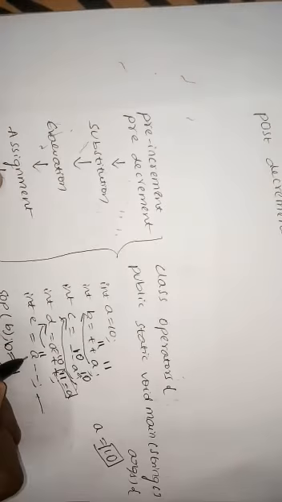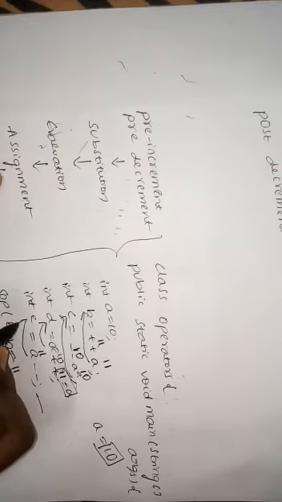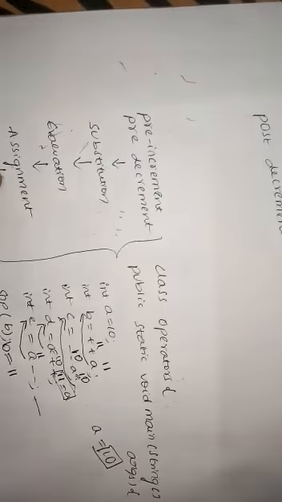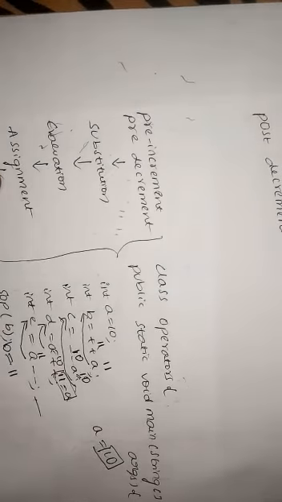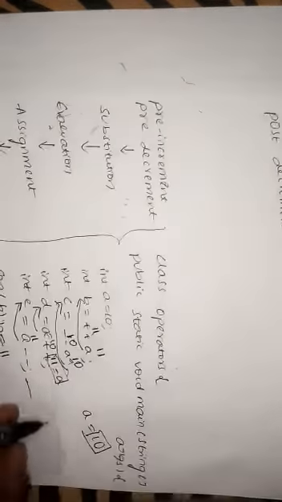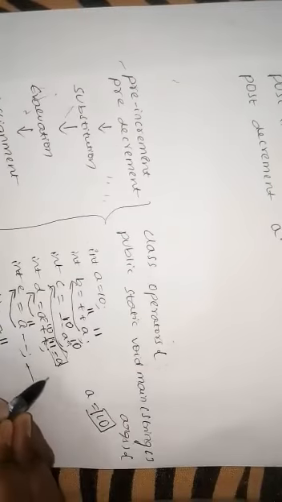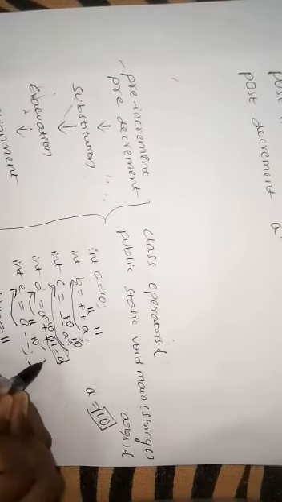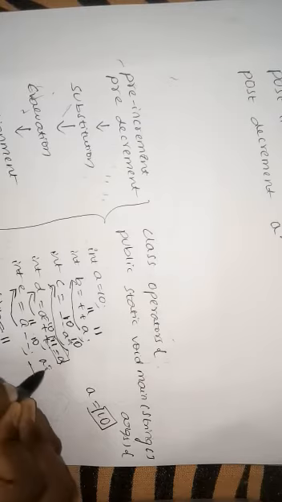Assignment, it is assigned to e. Then it will print 11 and it is decremented by 1. So it is going to be 10. The current value is 10.